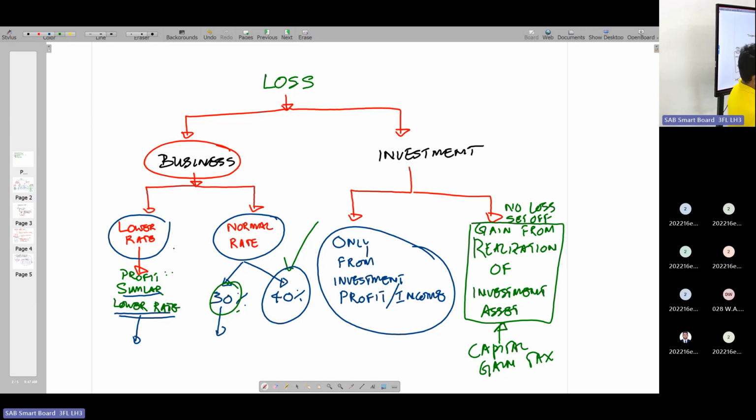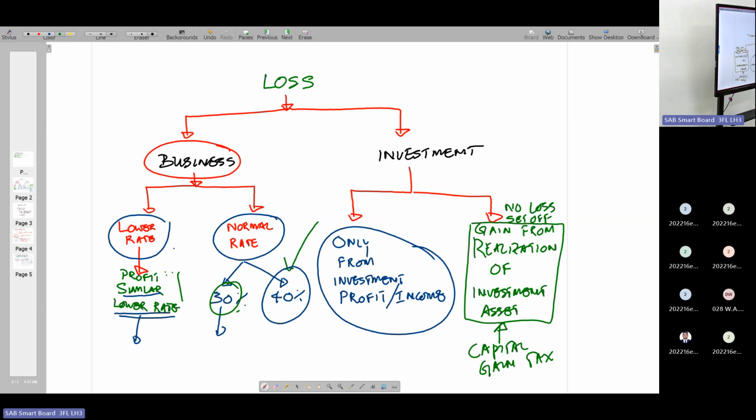I have to think about that one. I told you there was a restriction, but that means if there are any losses from this part, they can be utilized to set off. There's no restriction. Say there is business income taxed at the normal rate or the higher rate, and right now we have a loss.